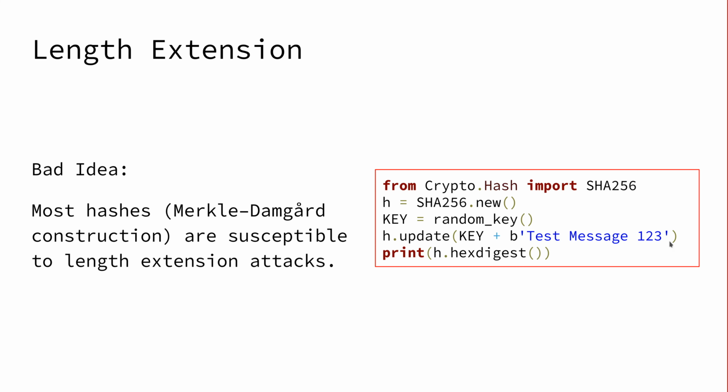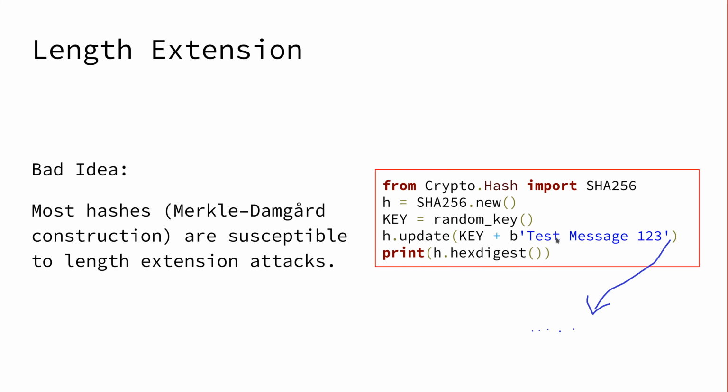What it means essentially is that an attacker, without knowing the key, can just append information to this information without knowing the key, just by having the hex digest or the digest of the hash function.